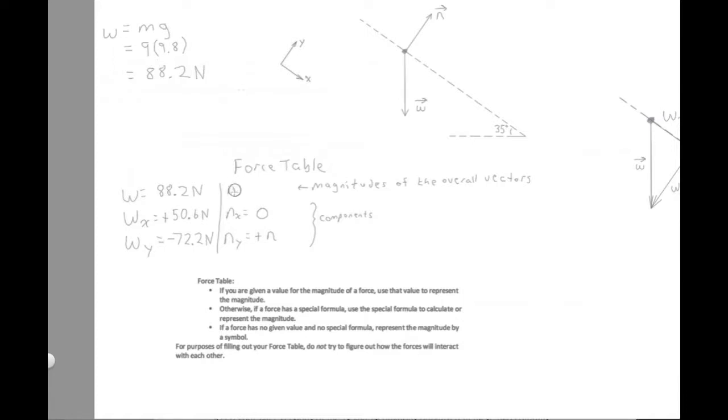The normal force on this problem will be affected by the weight. But we didn't try to figure out how the normal force will be affected by the weight. We just represented the magnitude of the normal force with the symbol little n, and we will let the Newton's second law equations later in our solution figure out for us how the normal force will be affected by the weight.